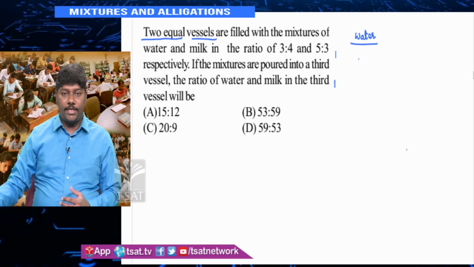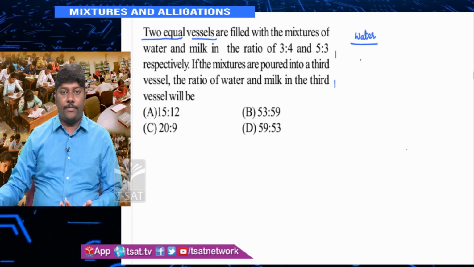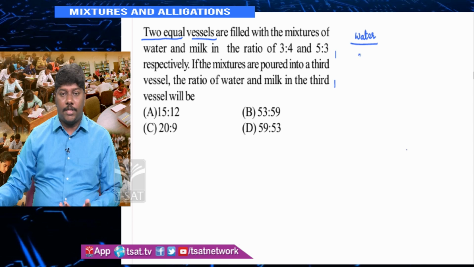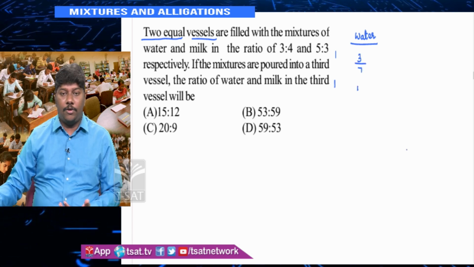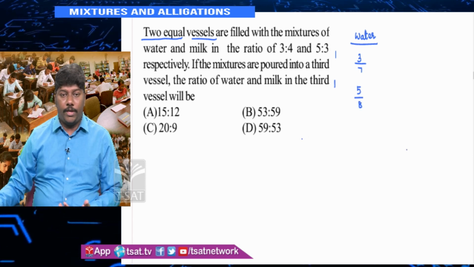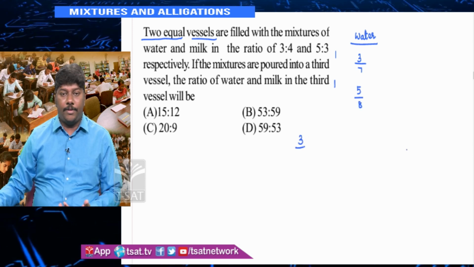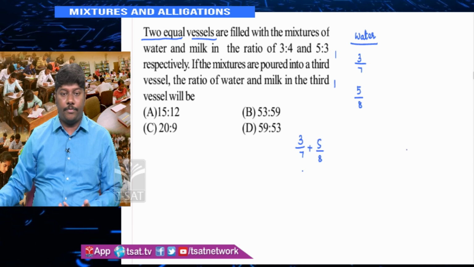In the first one, water is 3 parts out of total 7 parts, then 5 parts out of 8 parts. Therefore, N1A1, that is 3/7, plus N2A2, that is 5/8, divided by 1 plus 1.